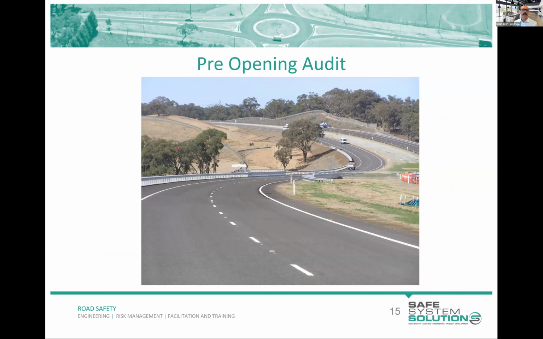And you get out there and you're looking at things like, okay, have they got the right colored RPMs in the right spot? Are the guideposts the right way around, so we're seeing red or white in the right spots? We're getting the overlap of the rails on the barrier right, the barrier heights right, we've got the right signage out there. Those are the kind of things you're trying to pick up.